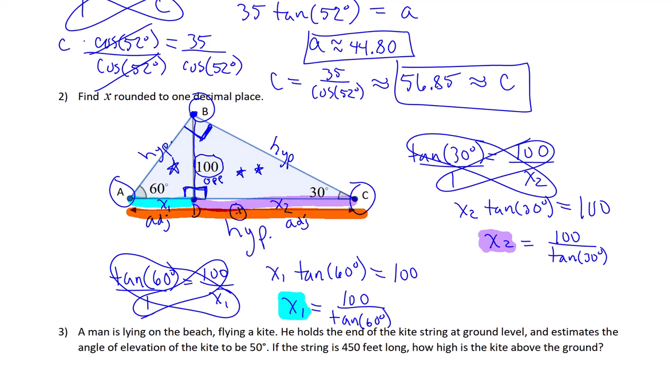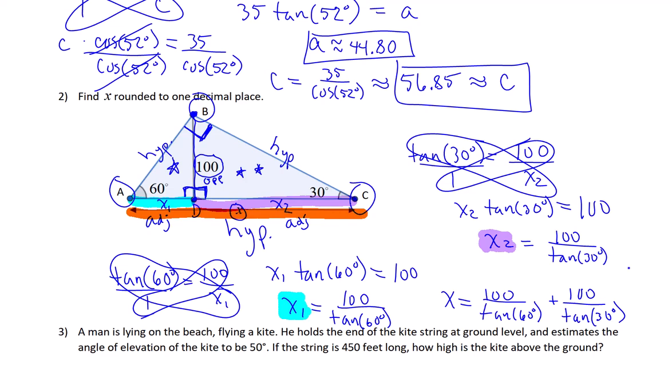We'll write this out by saying x equals x sub 1 first, that's 100 over the tangent of 60 degrees, plus x sub 2, which is 100 divided by the tangent of 30 degrees. And so we have an expression representing x. It is 100 over the tangent of 60 plus 100 over the tangent of 30.